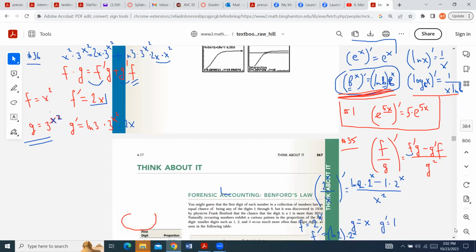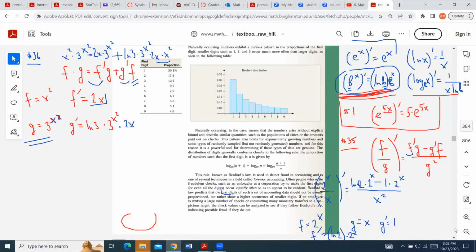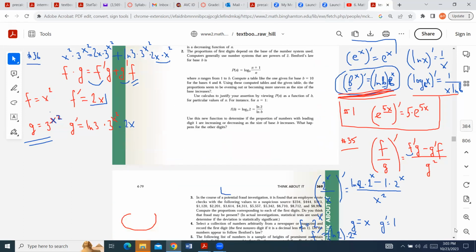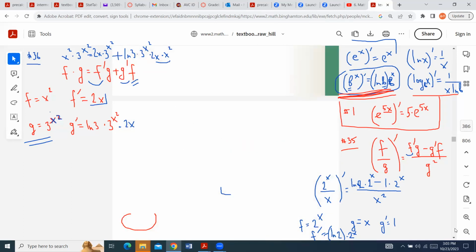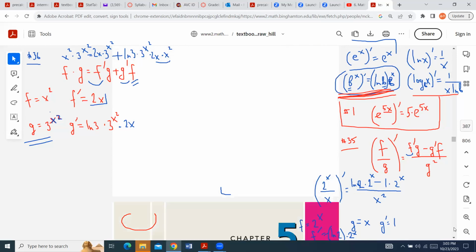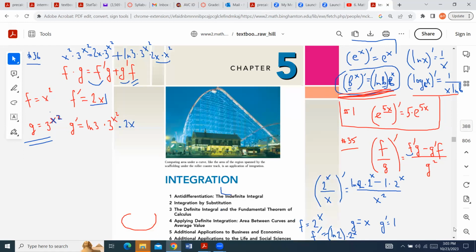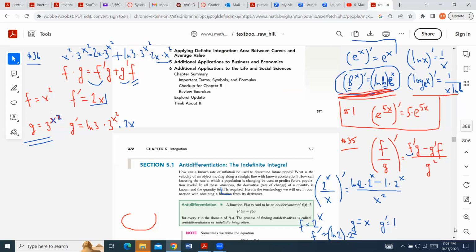And this flavor is in going backwards from derivative to so-called antiderivatives. Just like we went from exponent backwards to logarithm, so it's an analogous procedure.